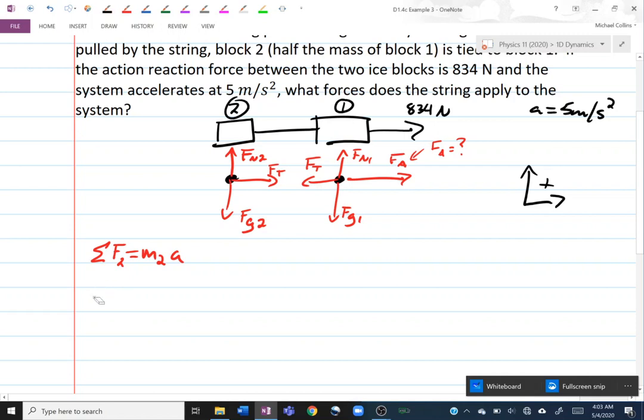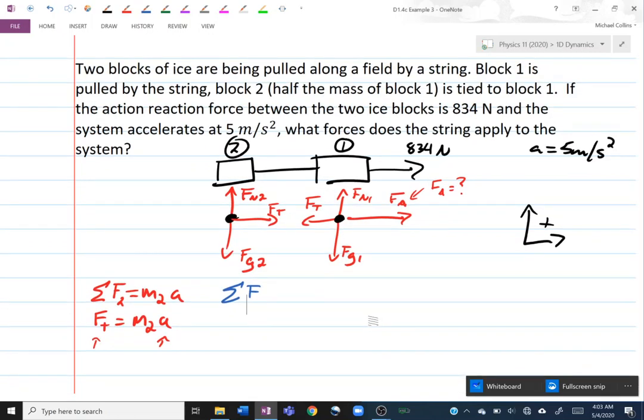So I can write that down as a mathematical expression: 2 times the mass of block 2 is equal to the mass of block 1. So right now I actually have 4 different equations, and I'm going to have to do a little bit of manipulation to figure out how to solve this system.